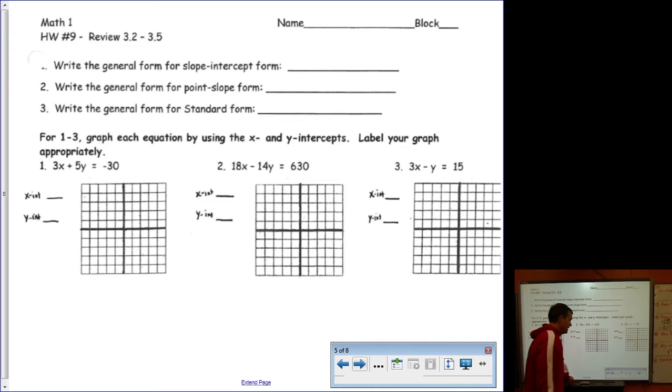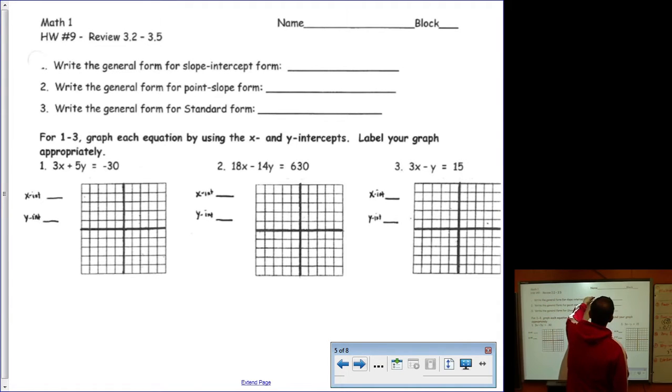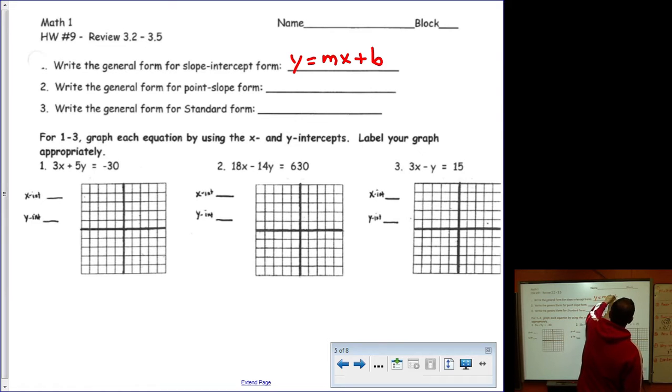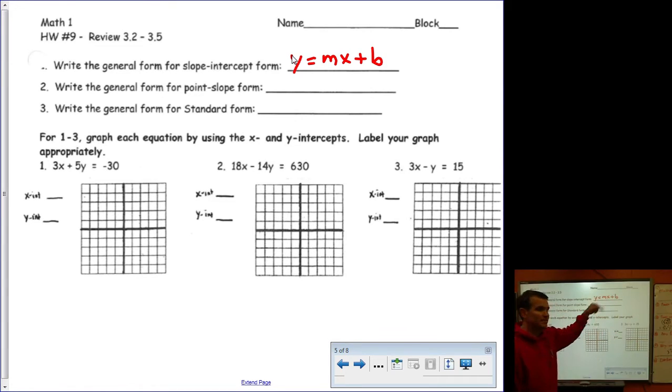Here we go. The first problem here, actually the first 3 problems are just formulas you need to have memorized. Slope-intercept form, of course, is y equals mx plus b. M is the slope, b is the y-intercept.